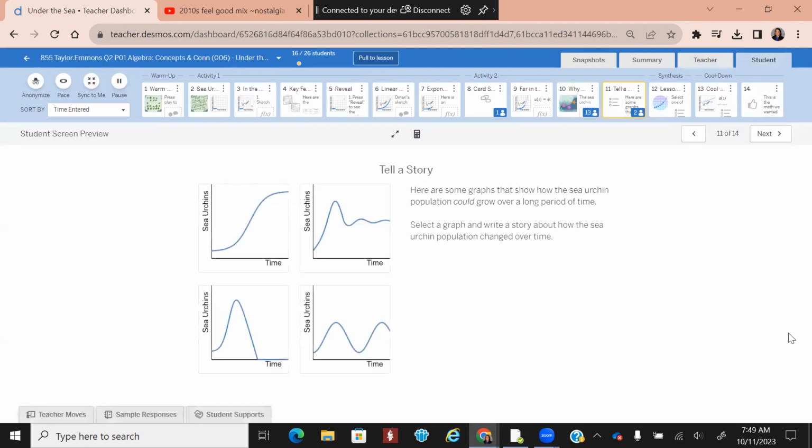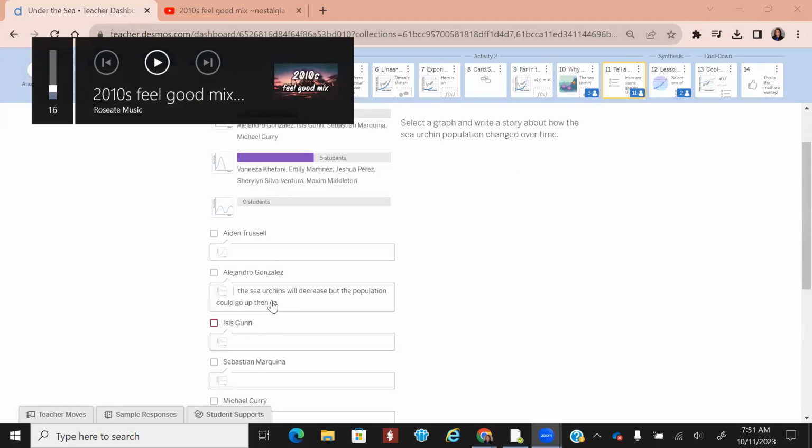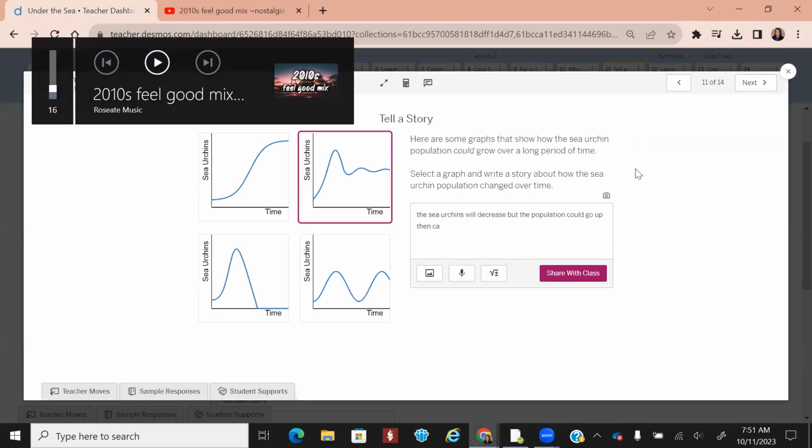Now, number 11. Here are some graphs that show how the sea urchin population could grow. Select a graph and write a story about how the sea urchin population changed over time. Okay, so you can pick any graph, but you've got to tell me what happened. Okay, take a second, try that one. We're almost done. Okay, so I'm going to pick Alejandro.